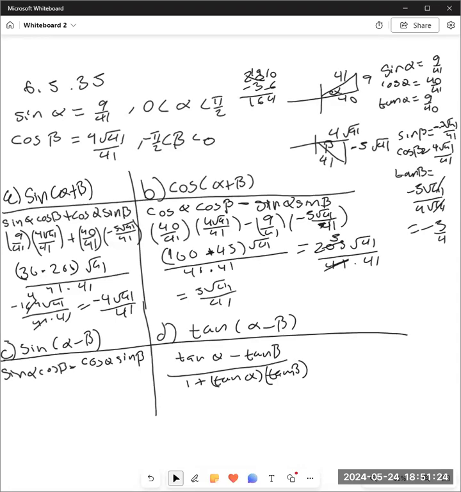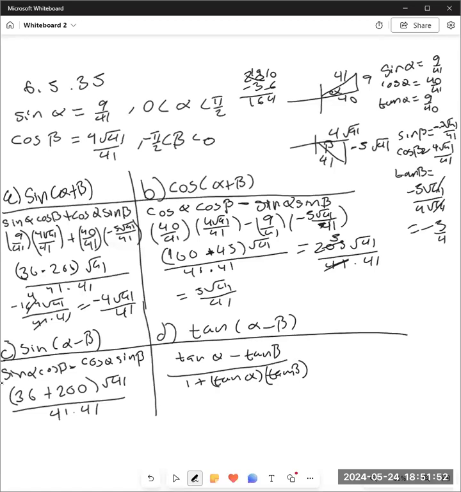Now we have pretty similar stuff here, only we have changed our sign here from addition to subtraction. So this is 36 plus 200 times root 41 over 41 times 41.